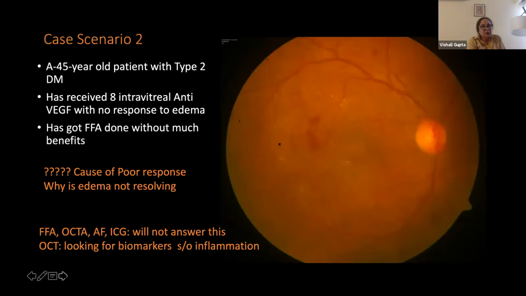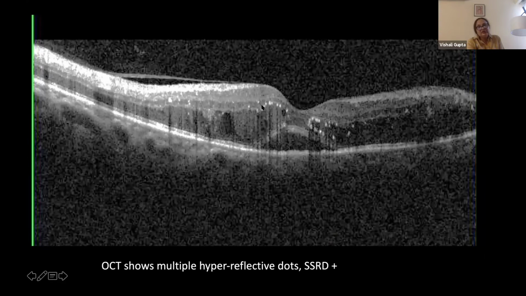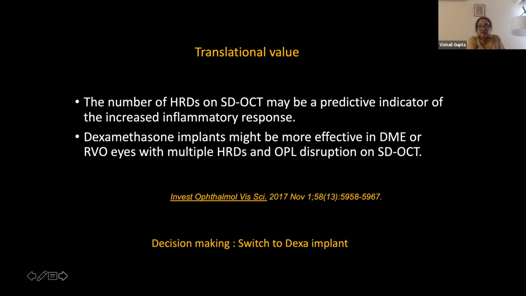Another case scenario, a type 2 diabetic, and the patient is not responding to treatment, 8 injections of anti-VEGF, and I want to know why it is not responding. So my first choice will be OCT, because fluorescein is not really going to tell me, and OCT shows me there are hyperreflective dots, there is SRD, which are actually the biomarkers of inflammation rather than VEGF response.